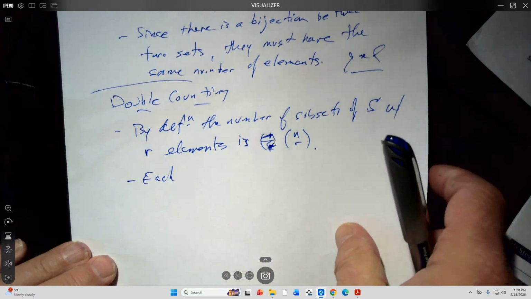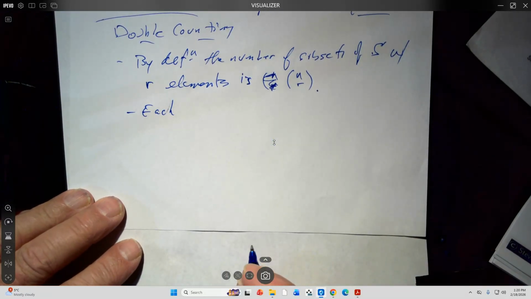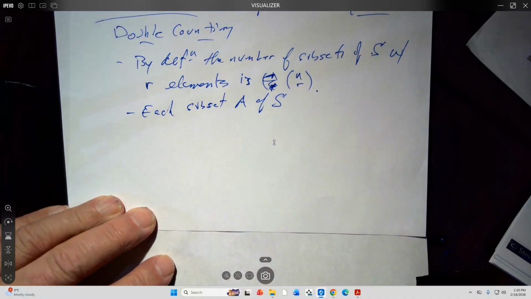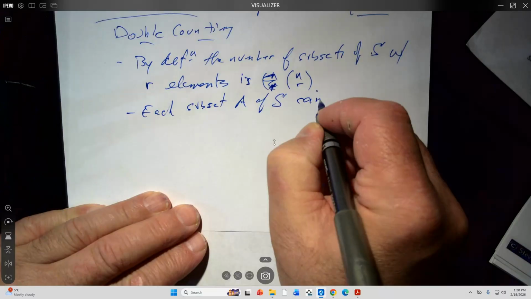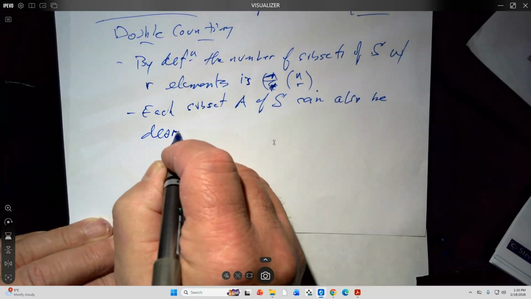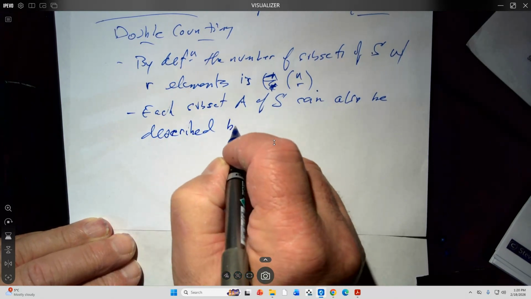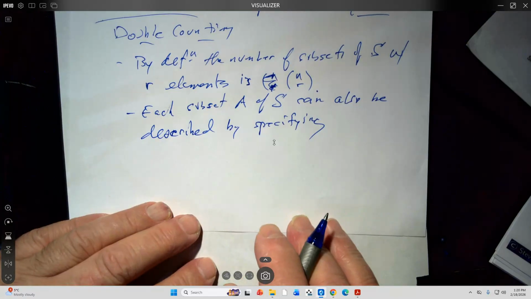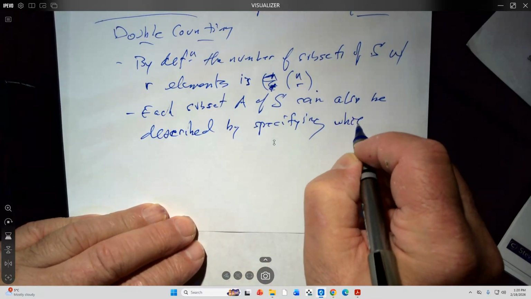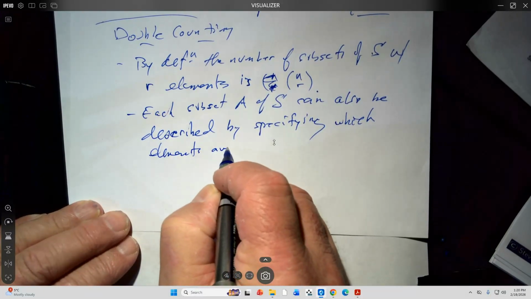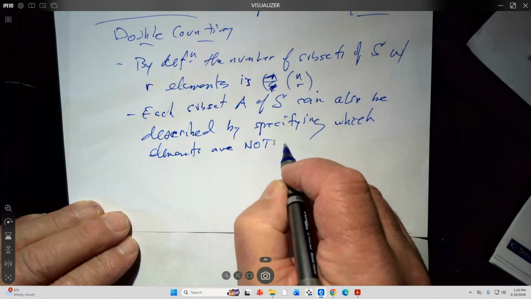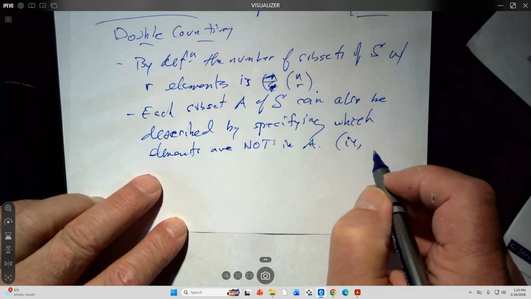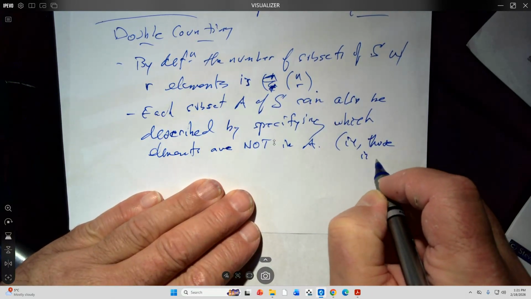Each subset A of S can also be described by specifying which elements are not in A. Okay, which elements are not in A, i.e. those in A complement.